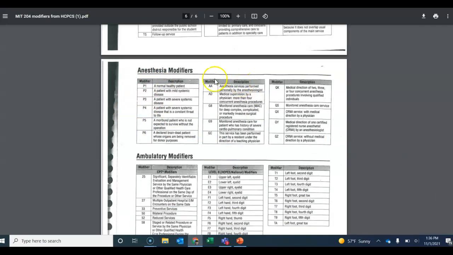This tells the insurance company who did it. Sometimes it might be the anesthesiologist him or herself. It might be under a directed teaching physician. It could be a nurse anesthetist that is being supervised by an anesthesiologist. So that's what these kinds of things are used for. That's why I said keep this handy.